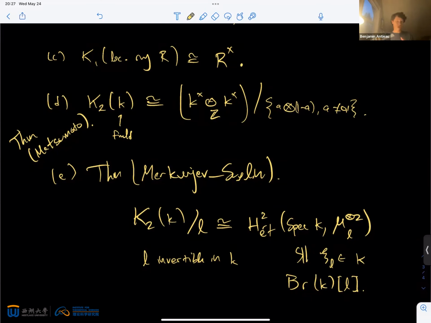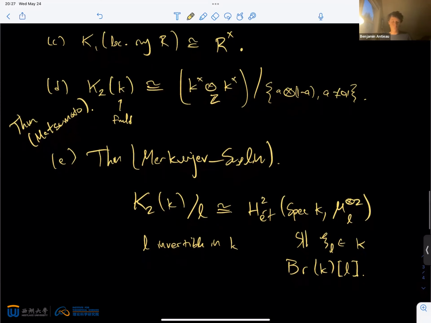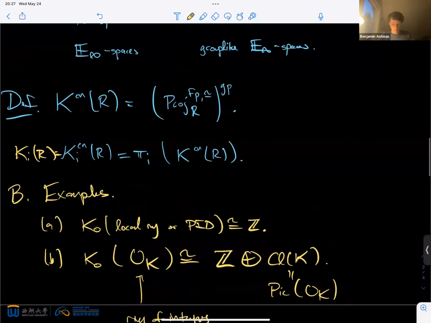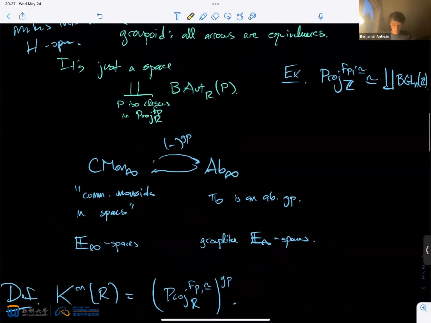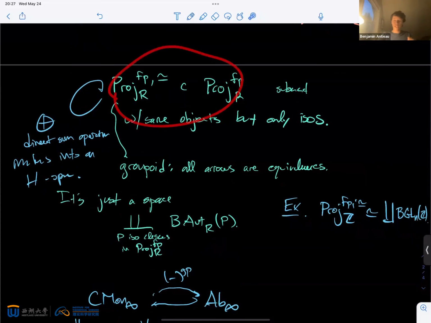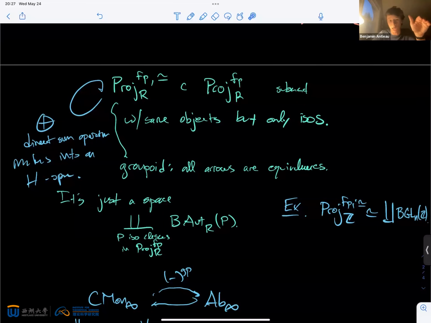We're getting from, I think what you'll agree is a pretty crazy abstract definition, some interesting invariants of our rings, sort of for free. All we did was a universal property where we universally made this E infinity space into a group-like E infinity space. Let me just emphasize this E infinity space that we start with has no homotopy groups above pi 1.